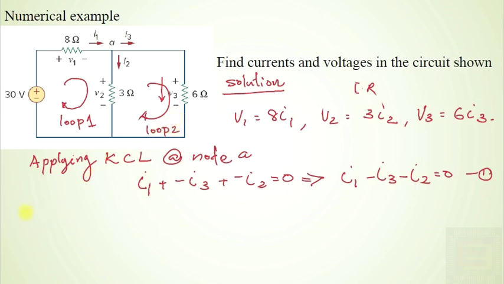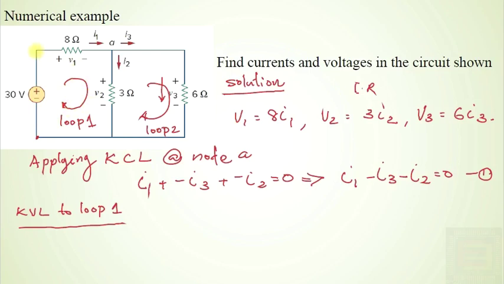Now we apply Kirchhoff's voltage law to loop 1. Say if you start from this point, you have to consider a closed loop. That means if you start from a particular point in the loop, you have to traverse through the elements and reach the same point.